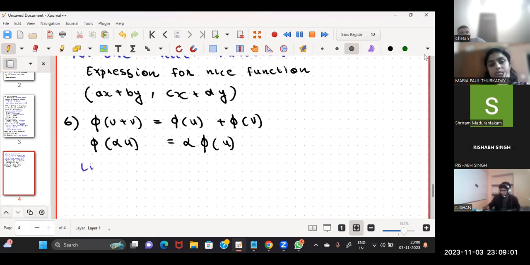So you have a function. Since we're talking about these nice functions, do you think the nice functions satisfy these properties? We can check.